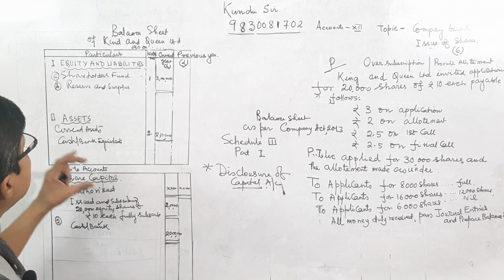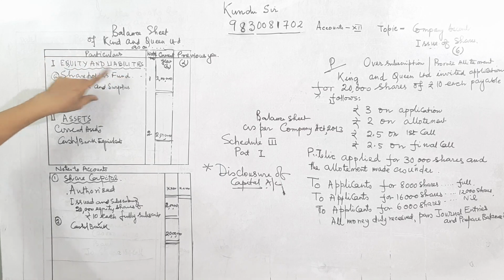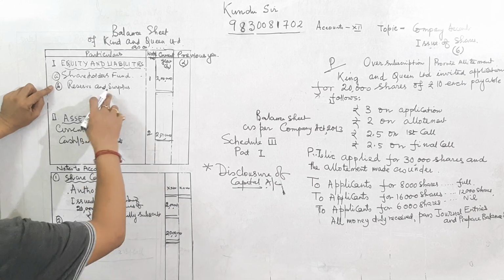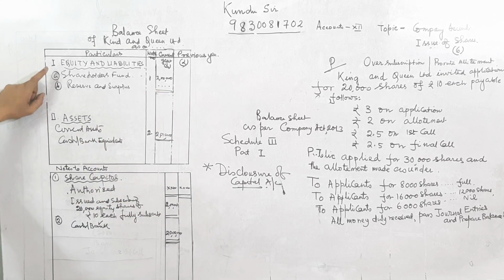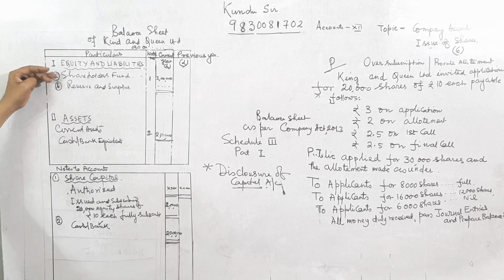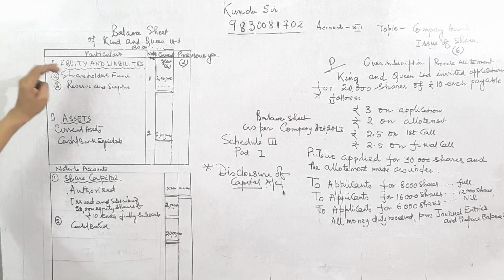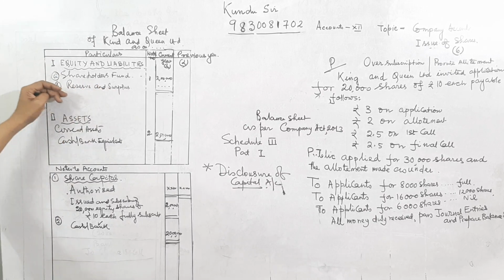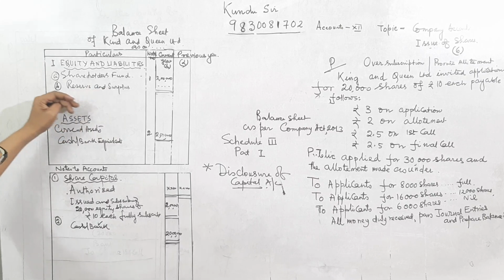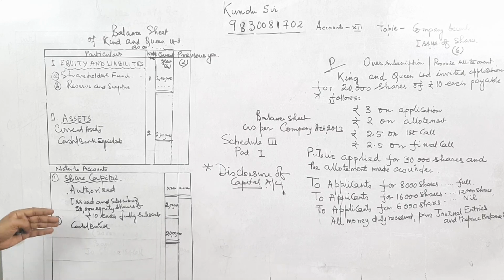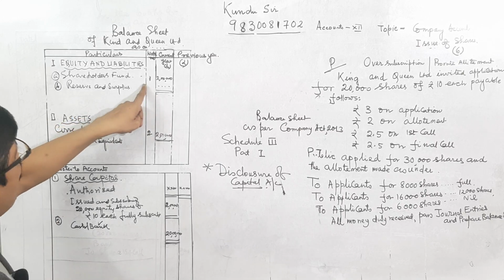So this balance sheet is prepared: equity and liabilities, then assets. Under equity and liabilities, A and B, only there is no figure for reserve and surplus. In the next sum, the number of heads will increase: shareholders' funds, thereafter capital and reserve, that may be P&L balance, share premium account, general reserve etc. The details are to be given in the notes of account and mentioned here under note number and amount.